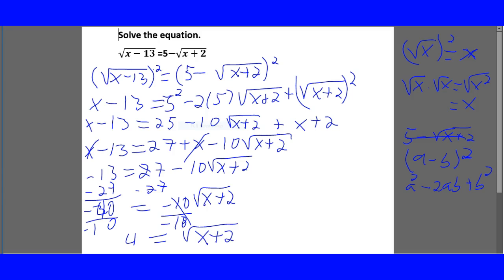Now, as you can see, we still have the radical sign that we need to eliminate. So we do the same thing by squaring both sides again, anytime we have a radical sign.